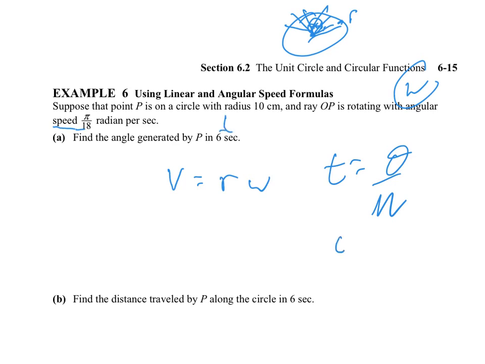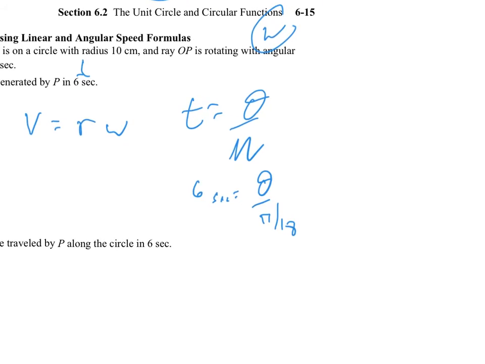So 6 seconds was equal to theta, that's what I'm looking for, over omega, which was pi over 18.